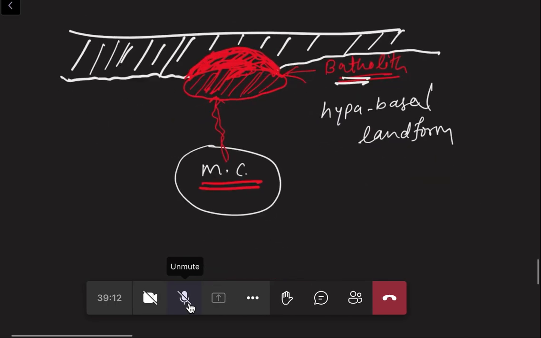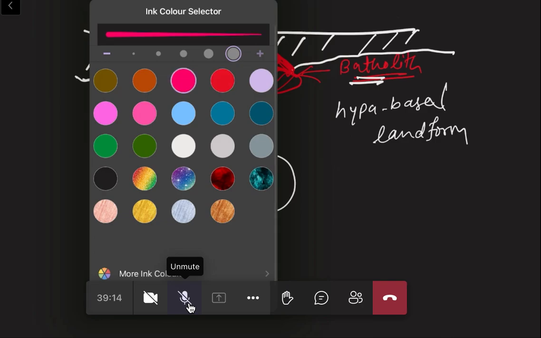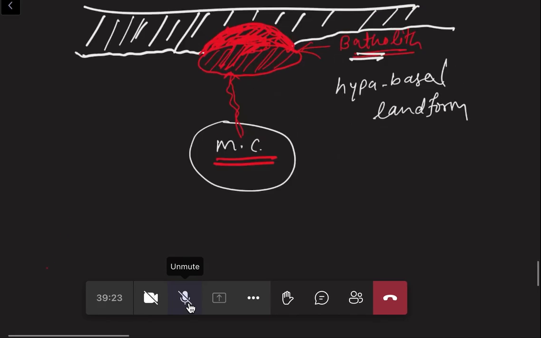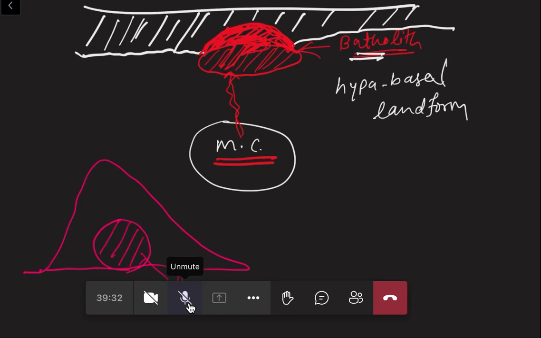And remember always, and we will study this when we see how fold mountains are formed, that in every fold mountain, at its base, you will find such big batholiths. We'll study what a fold mountain is shortly.